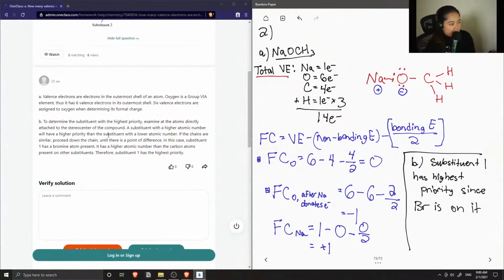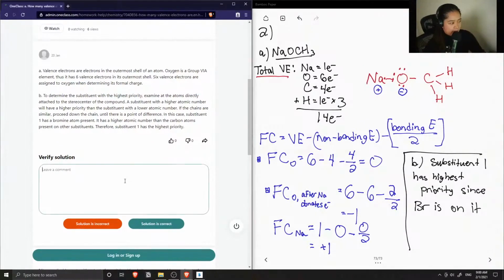If the chains are similar, proceed down the chain until there is a point of difference. In this case, substituent 1 has a bromine atom present. It has a higher atomic number than the carbon atoms present on other substituents. Therefore, substituent 1 has the highest priority. Okay, so the solution is correct.